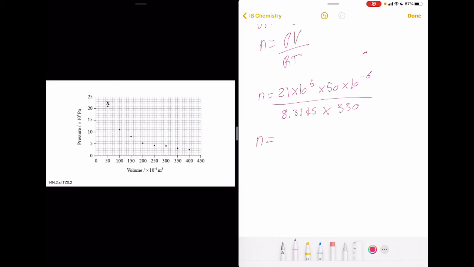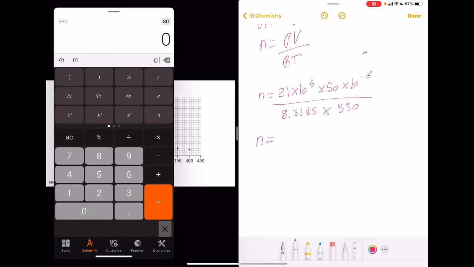So n equals 21 times 50, which equals 1050.